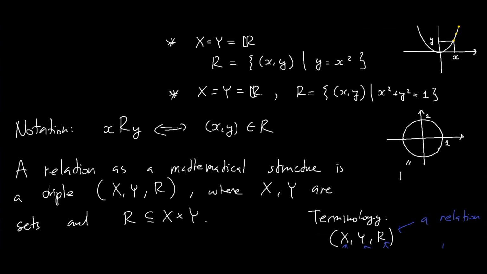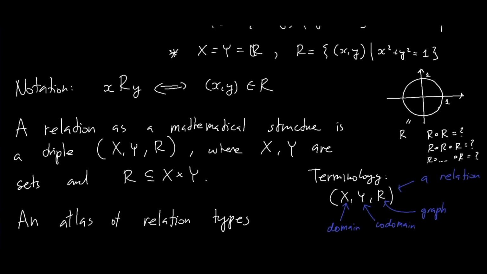Let's call this relation R. Compute R composed with R. I mean, it's a bit obvious that this relation will be symmetric, so R will be equal to its opposite. Compute R composed with R. Compute R composed with R composed with R 3 times, and so on. What will they be? And you will discover something quite interesting there.